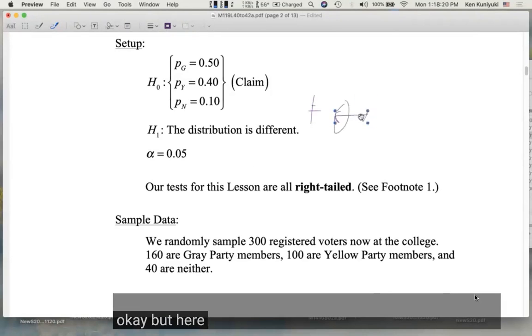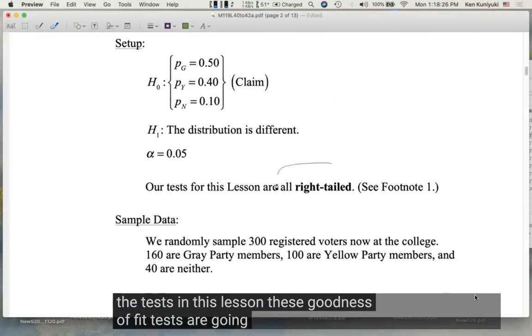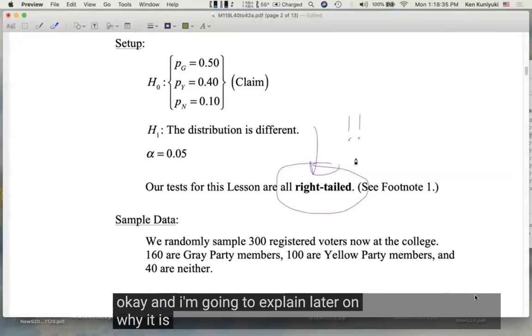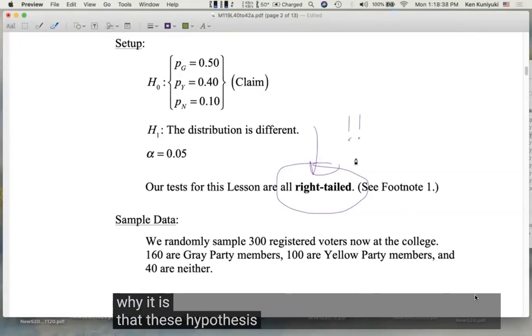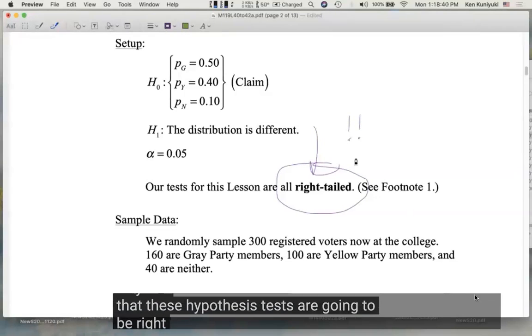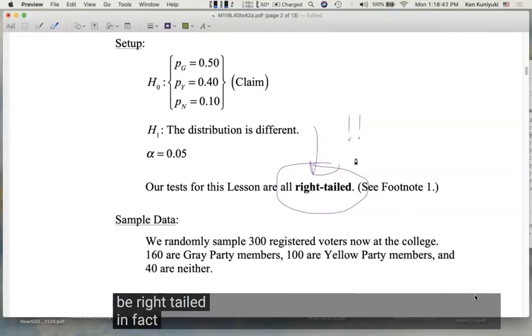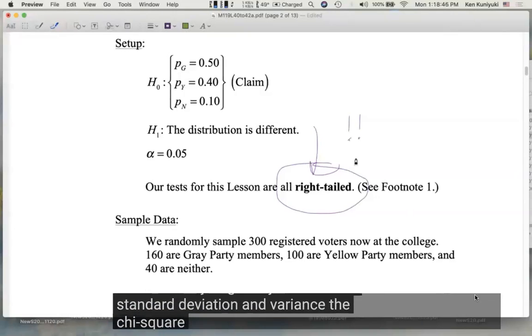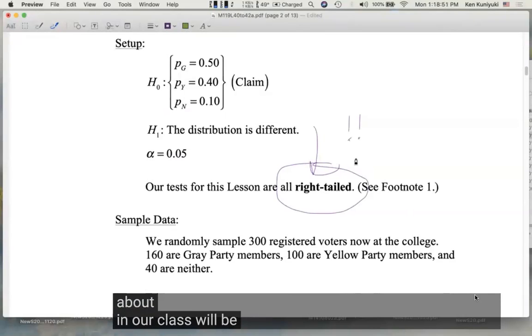But here, actually, the tests in this lesson, these goodness of fit tests, are going to be right-tailed, which might surprise you. I'm going to explain later on why these hypothesis tests are going to be right-tailed. In fact, when you get beyond tests for standard deviation and variance, the chi-square test we're going to talk about in our class will be right-tailed.